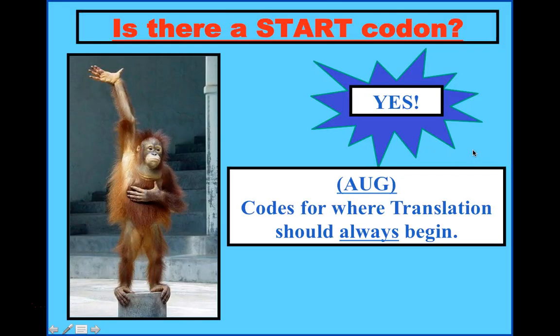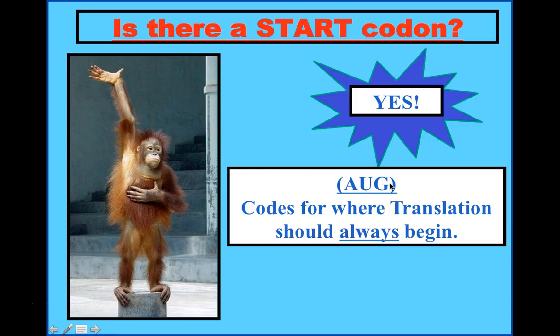So just as when you know in a sentence that there is a capital letter, that's your signal for, okay, this is the beginning of a sentence. Same goes for RNA. The way that we know that we're at the beginning of a message is there's always a start codon, and that start codon is AUG, no matter what.